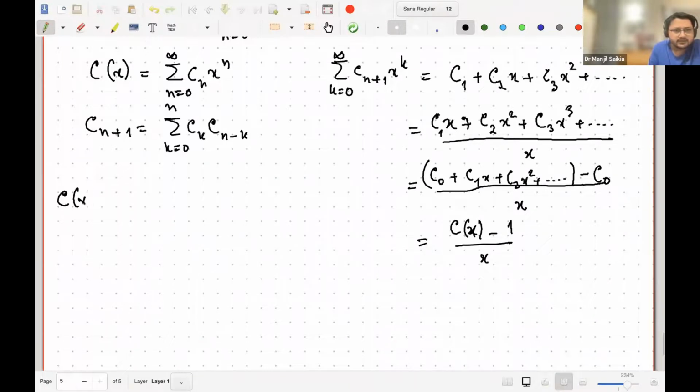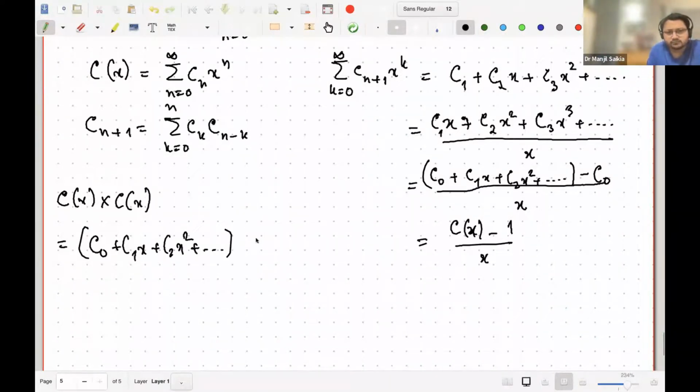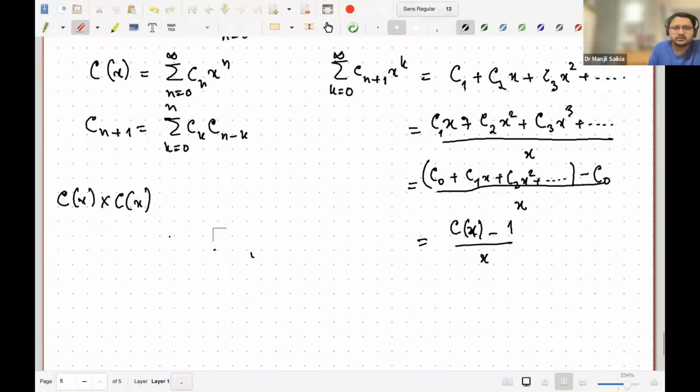Now, what happens if you multiply C(x) with C(x)? Then you have something like C0 plus C1 x, C2 x squared, and so on. Well, I think it would be a good exercise for you to figure out, I'm not going to do this.